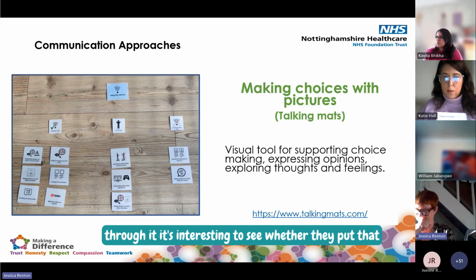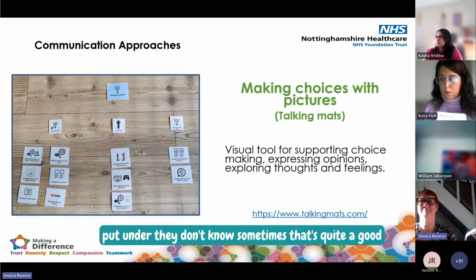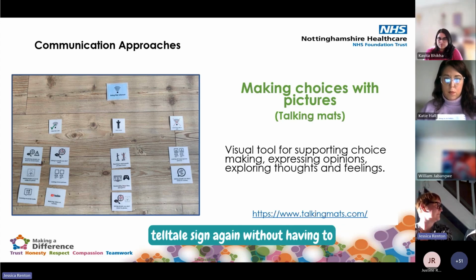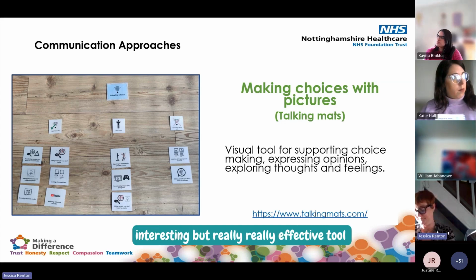When they are going through it, it's interesting to see whether they put that as something they enjoy, they don't enjoy, or under they don't know. Sometimes that's quite a good telltale sign, without having to directly ask that person. It's a really interesting but really, really effective tool.